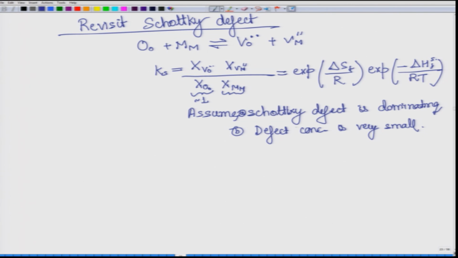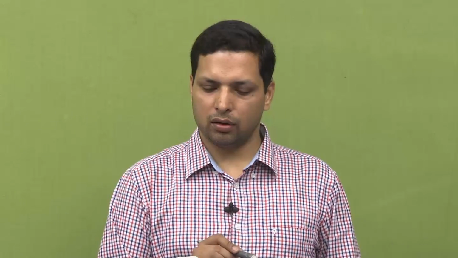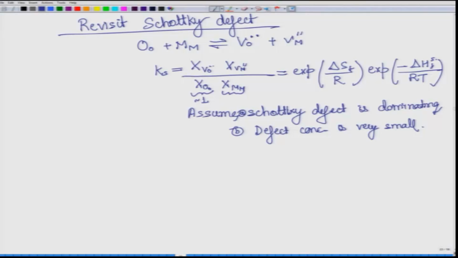This is also to ensure that the activity coefficient, which has been related to x, the molar fraction of the defects, holds. So this equality is true when the defect concentration is small. Similarly, the fraction of M on M is also approximately equal to 1. Because of these two assumptions, we get this relation.